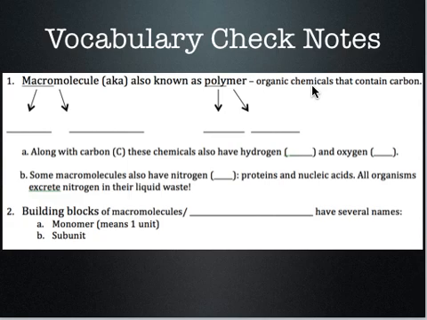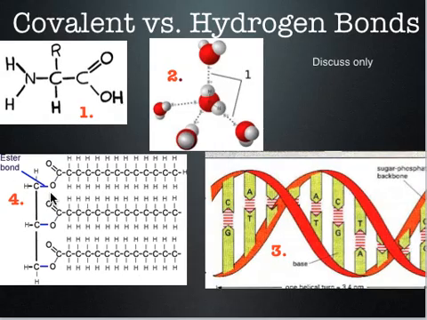And the definition of an organic chemical is anything that contains carbon. So back here, all of these C's are carbons. So this is an organic molecule. This here is the base of an amino acid, and it also has C's in there, carbons.